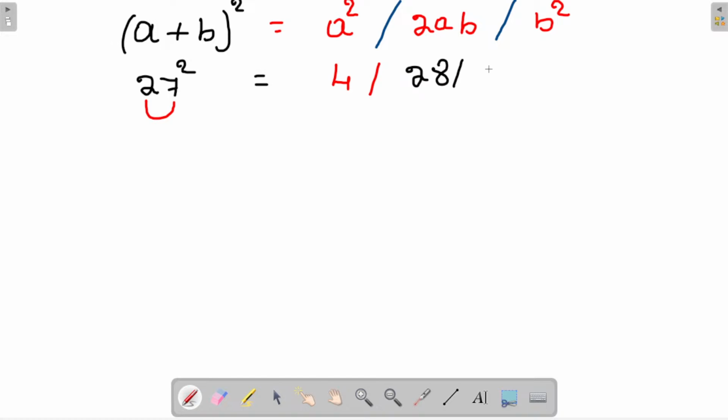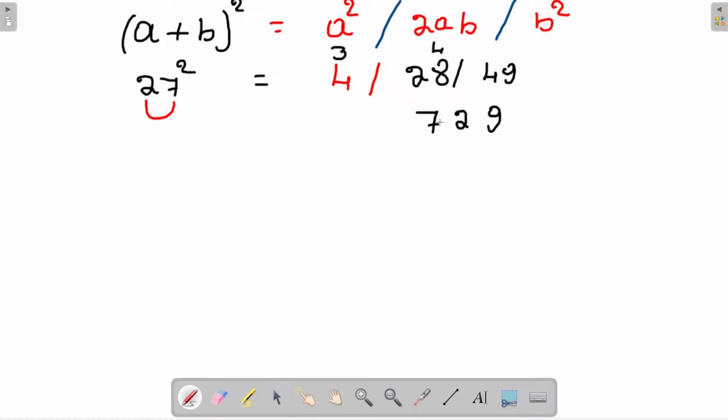After that b square, 7 square, 49. Now in each group write only the single unit digit, and take the remaining as carry. Write 9 here, take carry 4. 28 plus 4, how much? 32, so write only 2, carry 3. 3 plus 4, 7. So your answer will be 729.